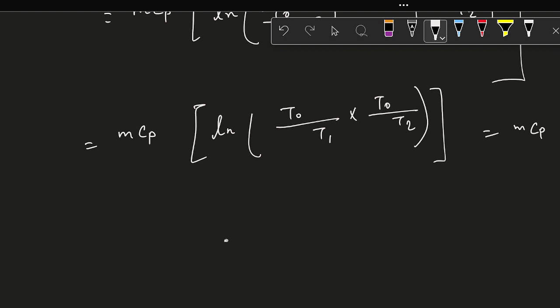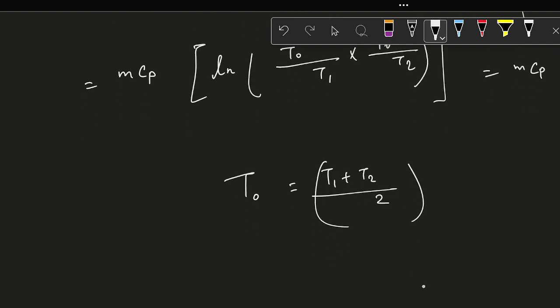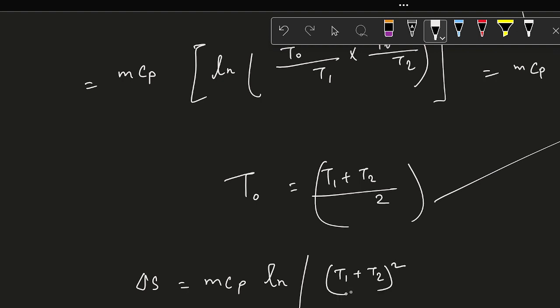Now we already calculated the value of T0, which is just (T1 plus T2) by 2, right? So just by using that, you put the expression of T0 here and you will be done. Delta S is equal to mCp ln of (T1 plus T2) whole squared divided by 4 T1 T2, because the 2 becomes 4, and T1 T2 is as it is.